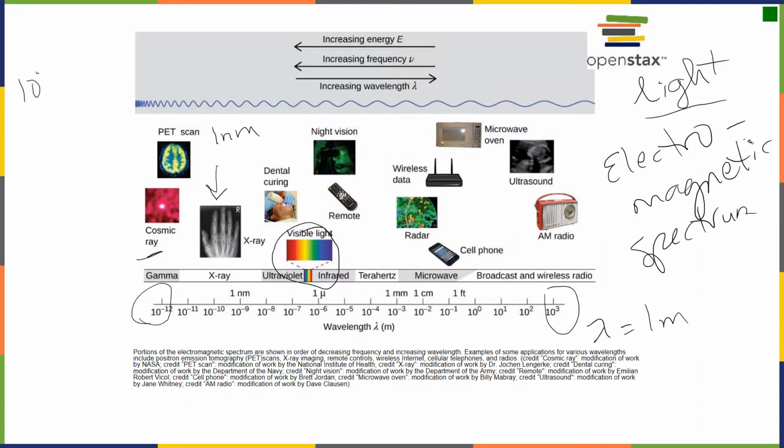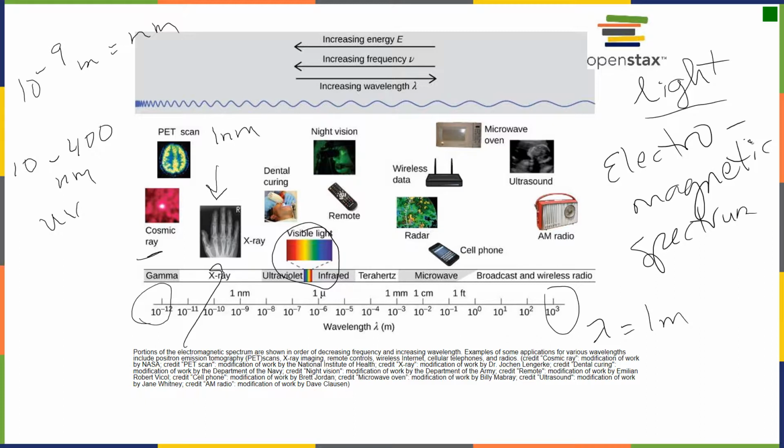Please remember there are 10 to the -9 meters in a nanometer. We use nanometers very frequently. So if we're looking at anywhere from about 10 to 400 nanometers, that is in the ultraviolet. If it's shorter than that, down here, it's an X-ray.